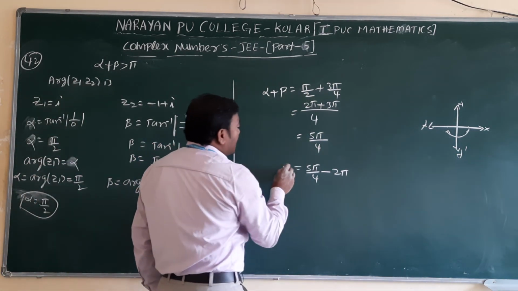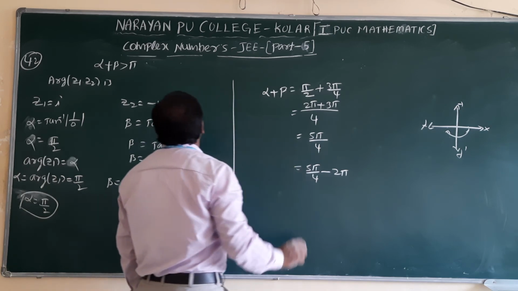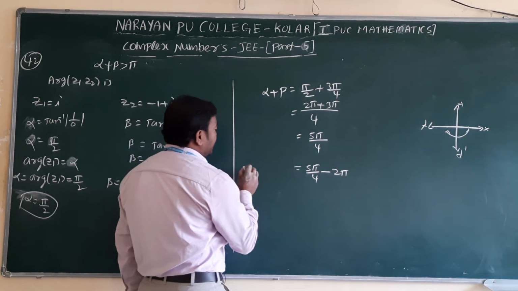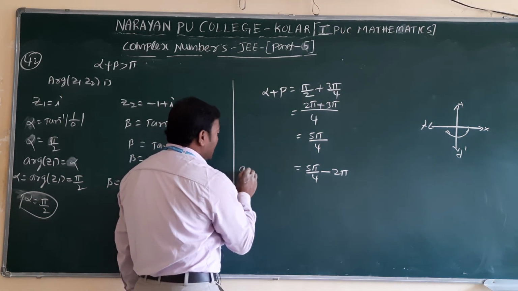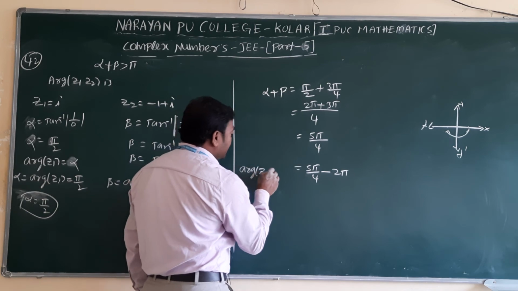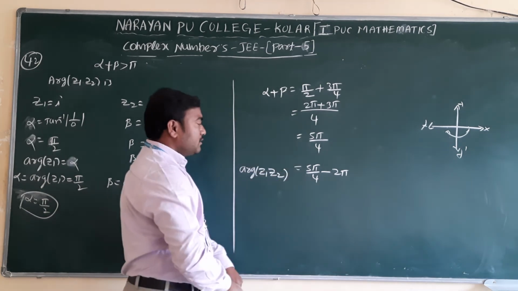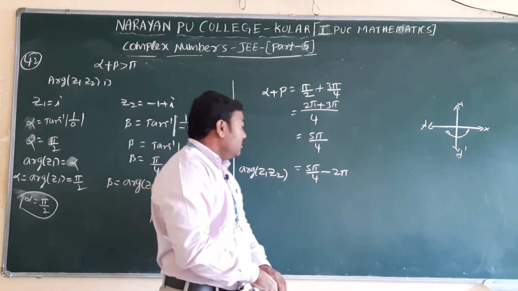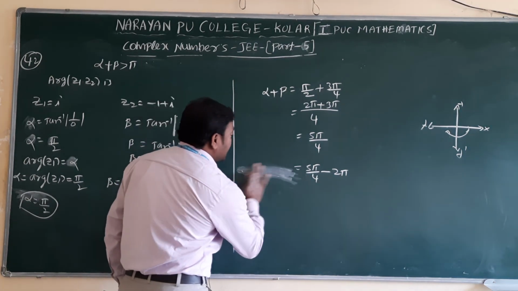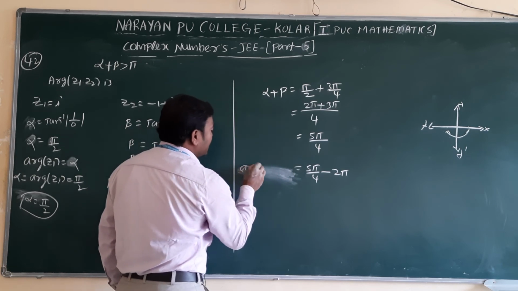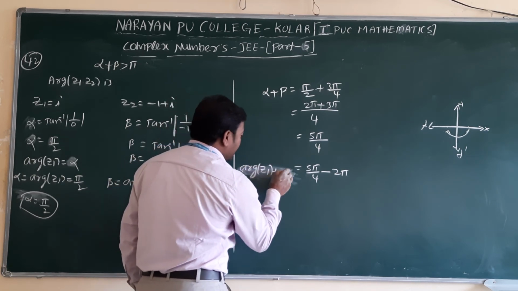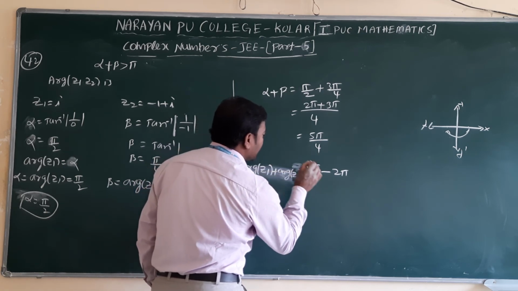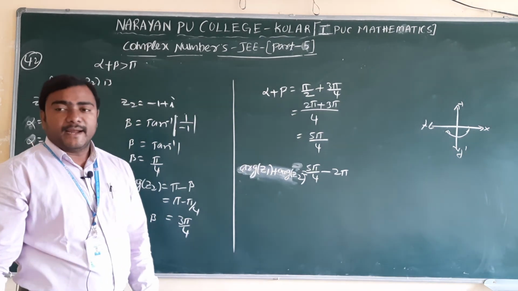Now the argument of z1 into z2 is the argument of z1 plus the argument of z2, which is 5 pi by 4 minus 2 pi.